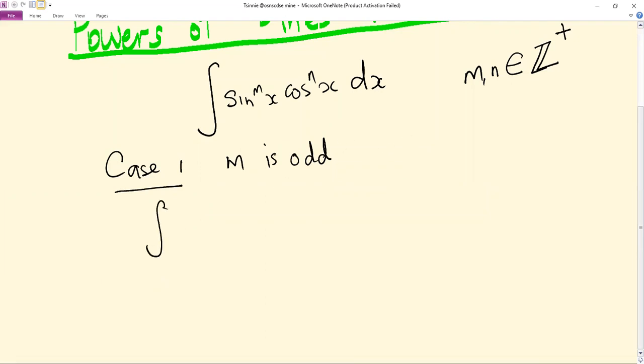So when m is an odd number, then it means that m can be written in the form 2k plus 1.